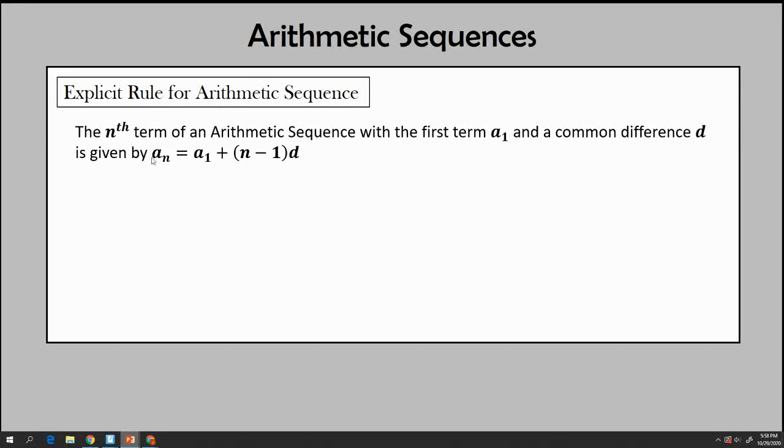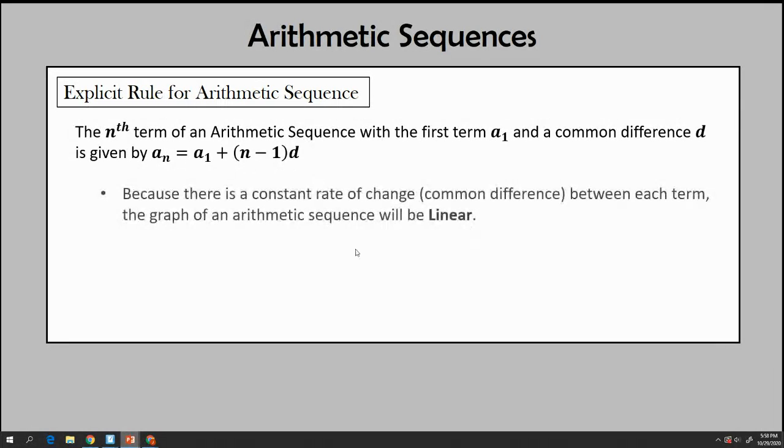Okay. So this is a formula you need to get familiar with. And we're going to write it down because we're going to use it. So to find any term in the sequence, we take the first term of the sequence and add to that the number of the sequence term minus 1 times the common difference. And that will generate any term we want in the sequence. And you'll see why we want this in a little bit.